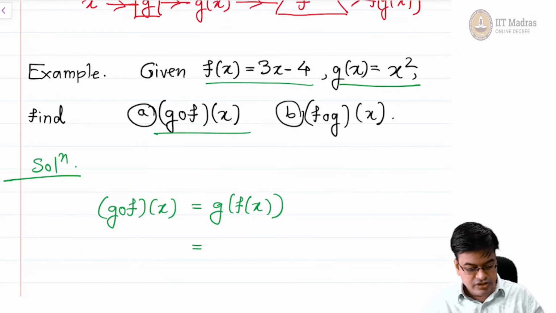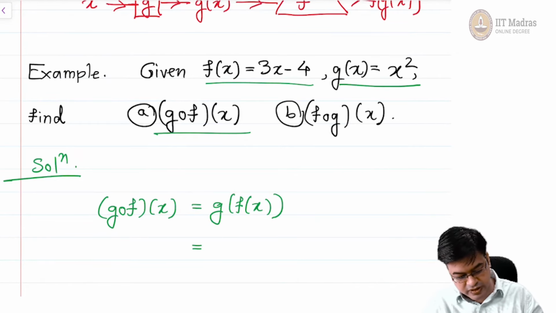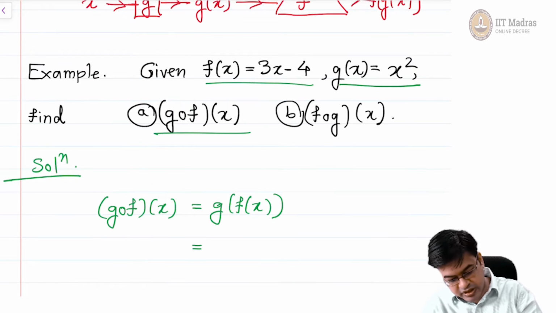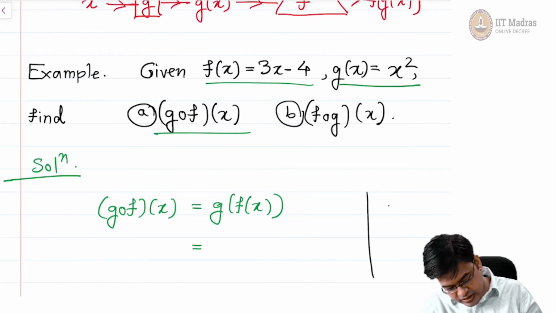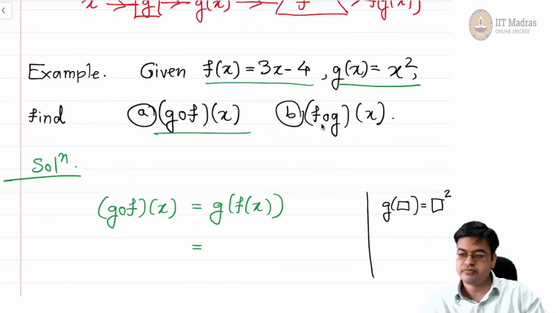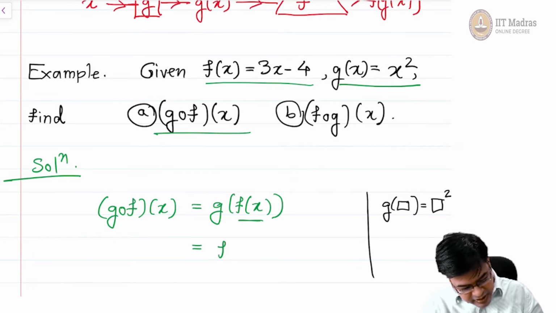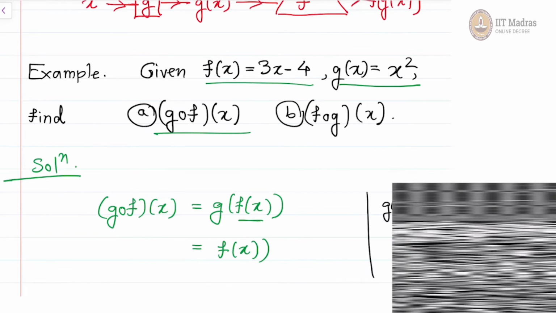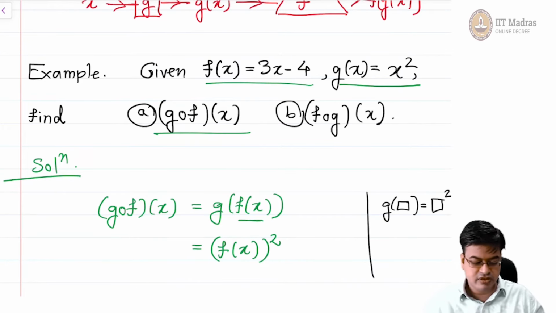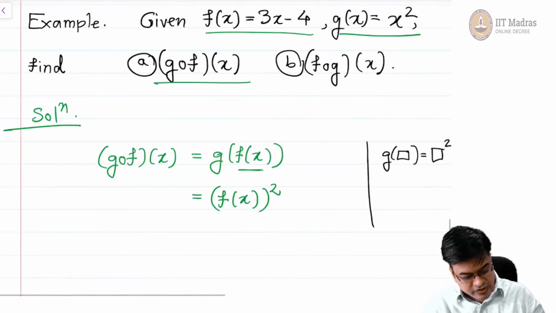So naturally, for g of f of x, you treat this g as g of a box, and g of x is nothing but this box squared. So this box right now has an argument which is f of x. I will simply write this as f of x squared.